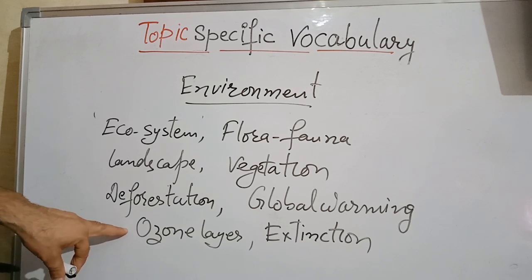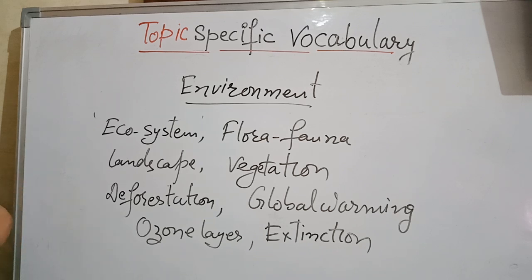The ozone layer is a layer that protects our earth from harmful rays that come from the sun. So our ozone layer is depleting. Depleting means getting weak. Extinction means disappeared. Many animals and birds are near extinction from our planet Earth.